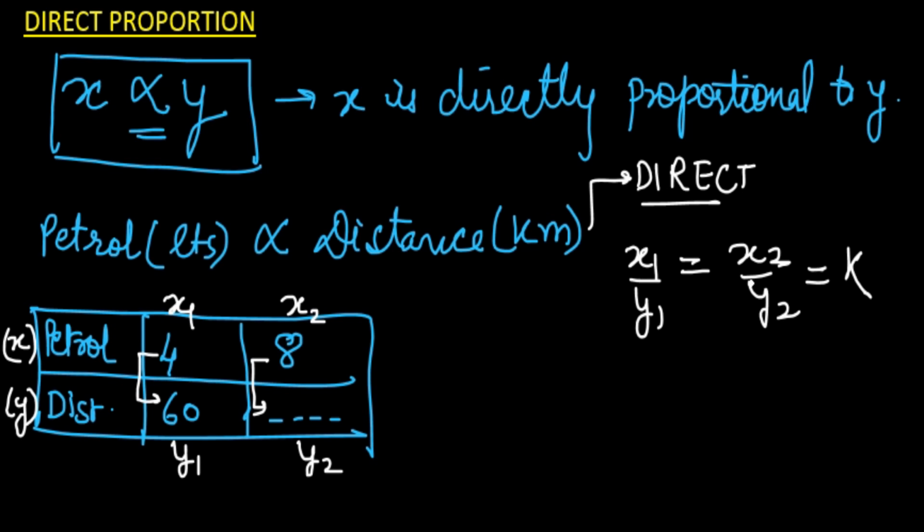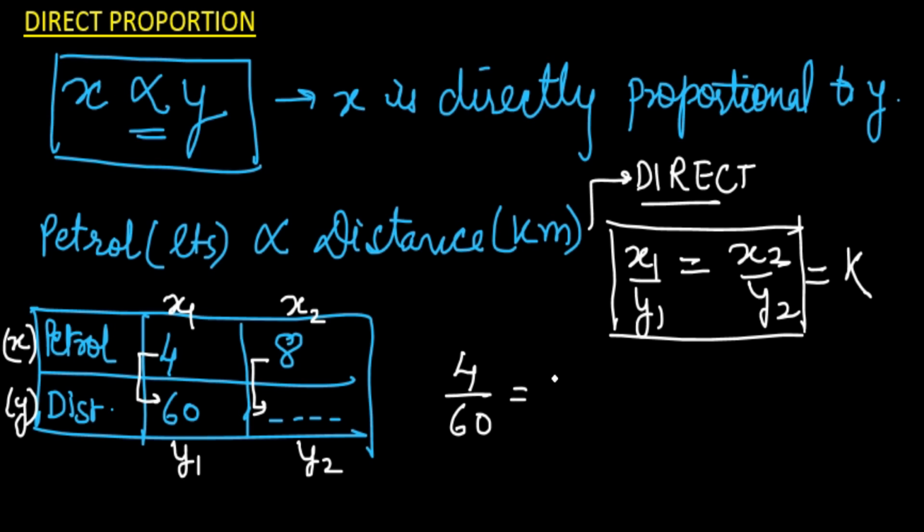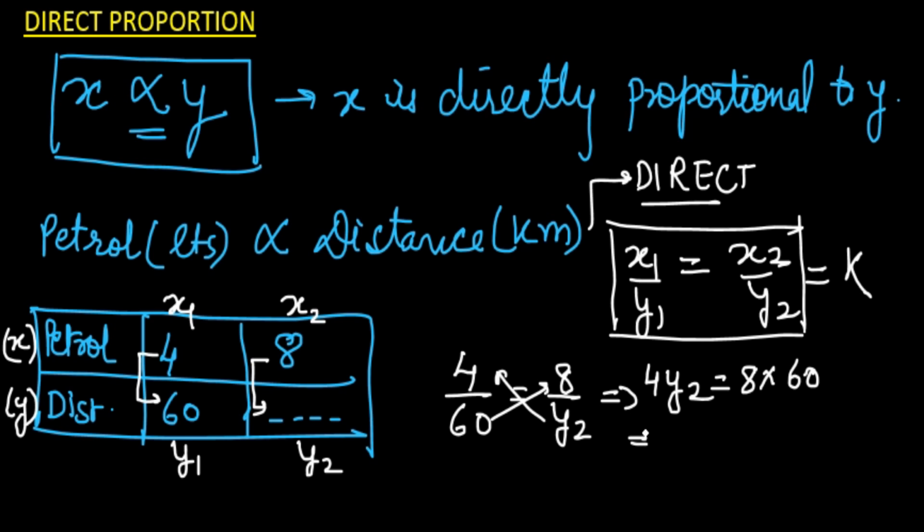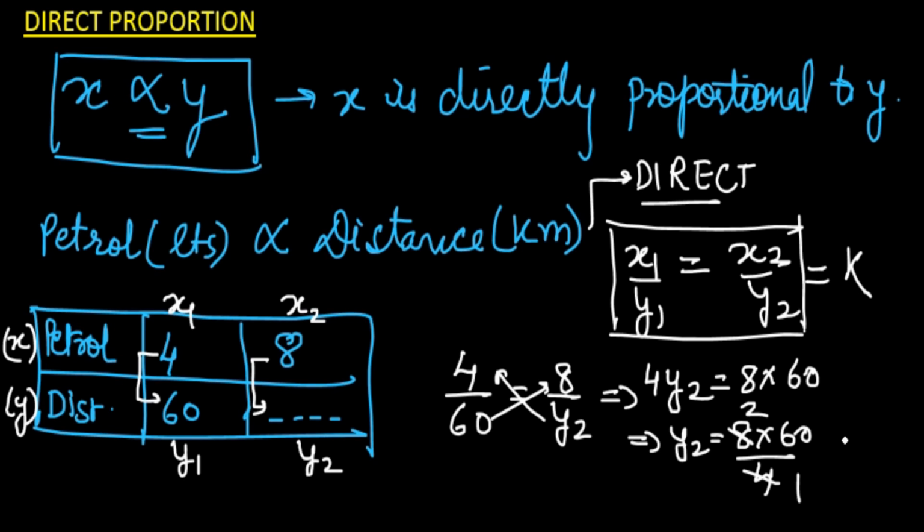Both of them are equal to some constant k. We will use this equality. So 4 over 60 is equal to 8 over y2. Let us cross multiply. So we get 4 into y2 is equal to 8 into 60. So y2 is 8 into 60 over 4. Cancel out the common factors and we get y2 as 120 kilometers.